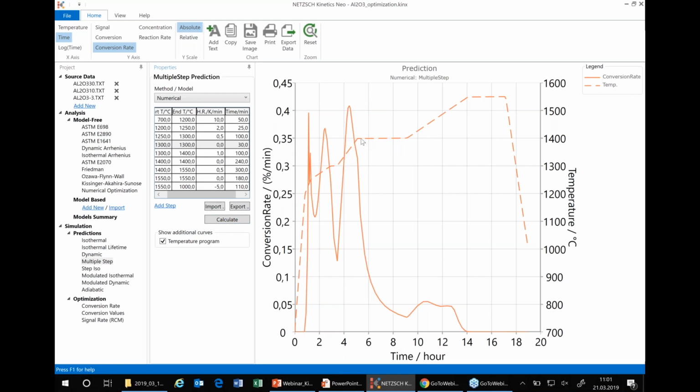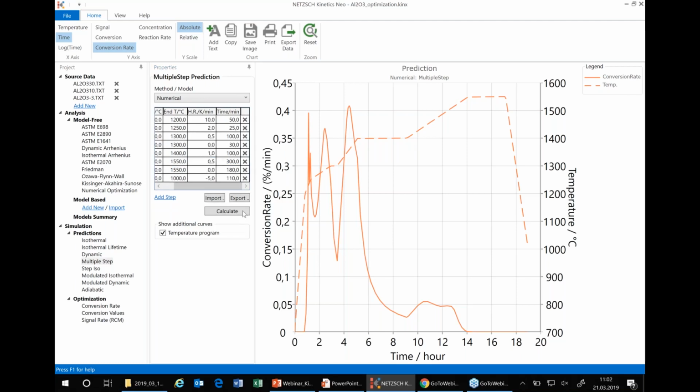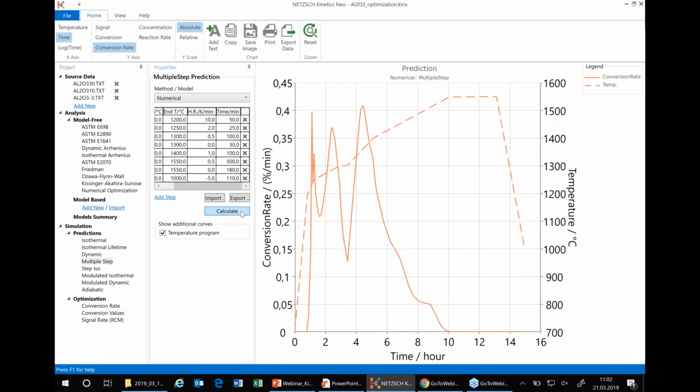Next one. Heating is okay. Isothermal segment at 1400. Here nothing happens. We don't need this segment. We can remove it too. The last heating is too slow. Here almost nothing happens. We must improve. We must increase the heating rate in order to make the reaction a little bit faster here.